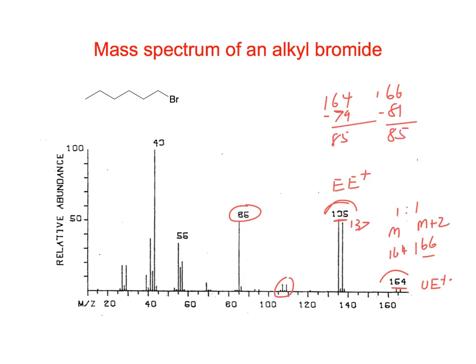All right, so those ions are going to 85, and this is essentially the M minus the bromine. Okay, and then we notice that these other ions we've seen before, this is probably just propyl. You said 166 minus what? 81. All of these other ones do not contain bromine.